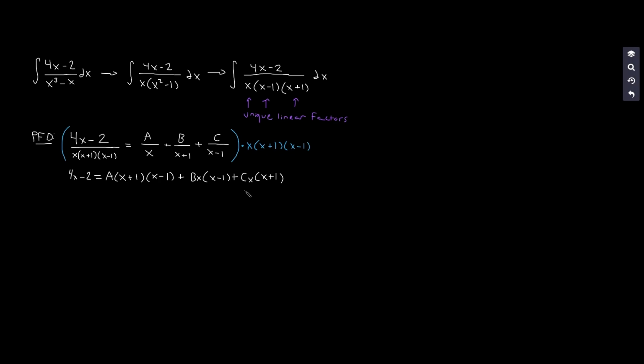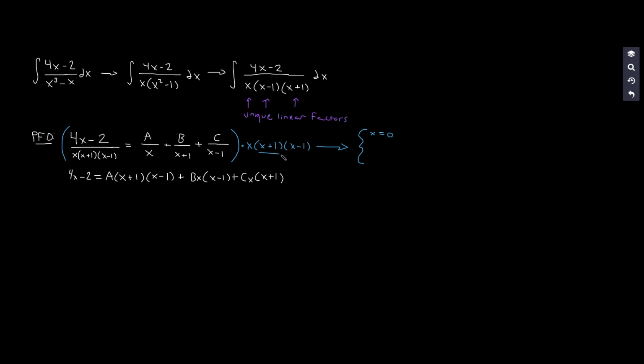Let's try to solve this by guessing at the different values for x. How can we do this? Well, let's bring our attention to the LCD. The LCD can be 3 different things. If you set this all to 0, you're going to have x equals 0 for one of them, namely this one.